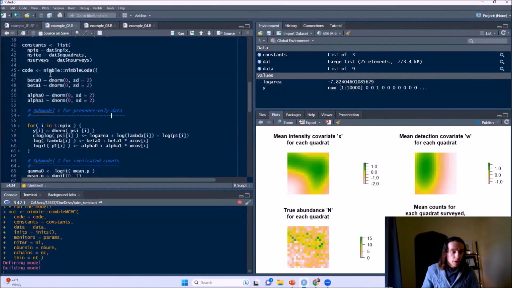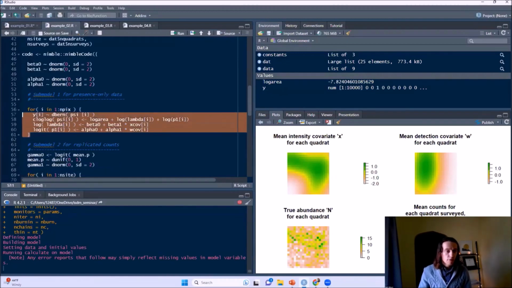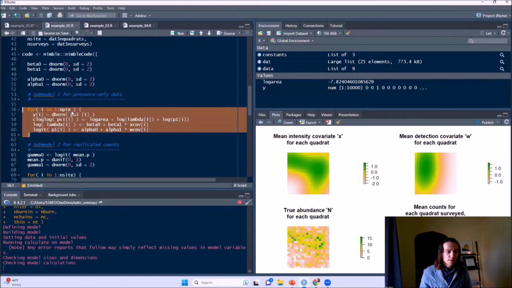And so here we have our model again in Nimble. I'll start out here. We have a model for our fine resolution grid cells. So we loop through all, I think there's like 10,000 of those cells. We model our presence-only data with those pseudo absences as a Bernoulli trial with probability psi.